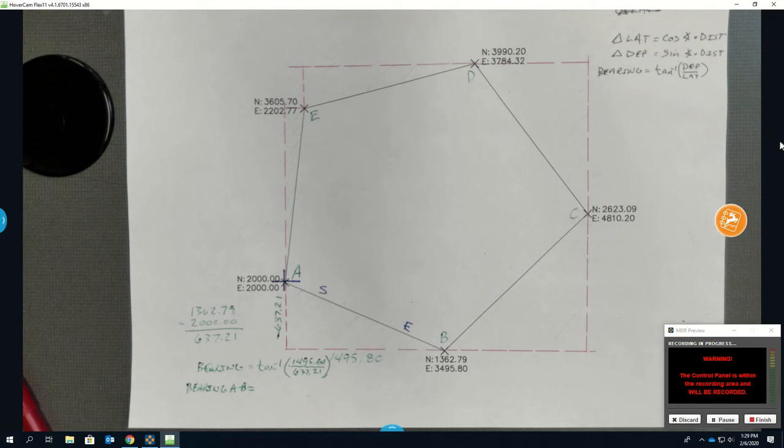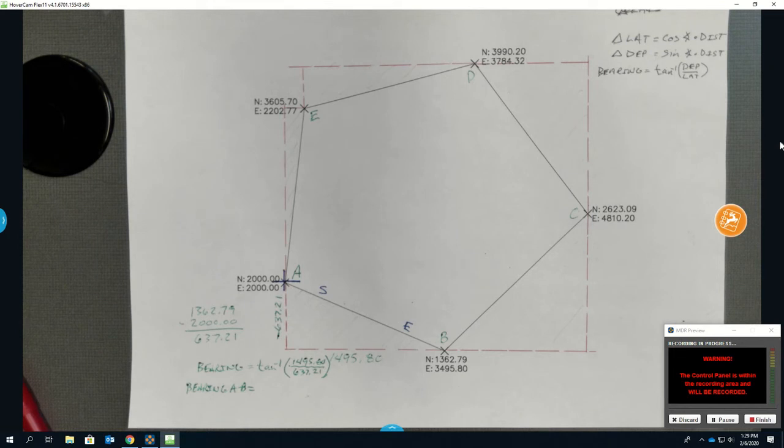Does everybody understand how to do the inverse tangent? Anybody get an answer? It will be in degrees, yes.